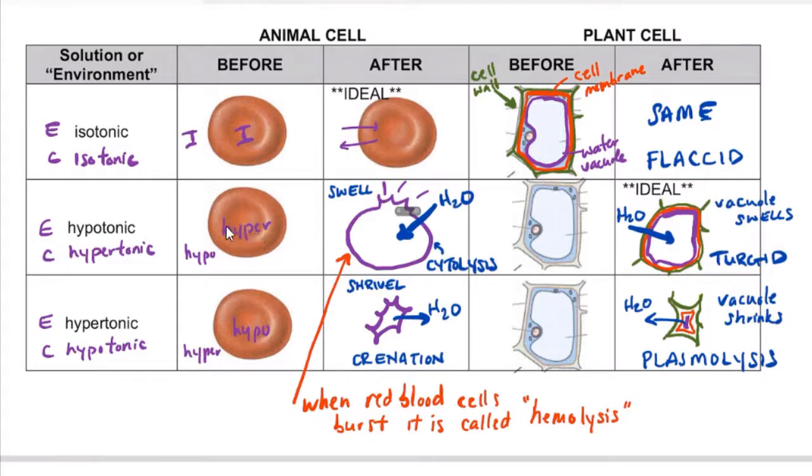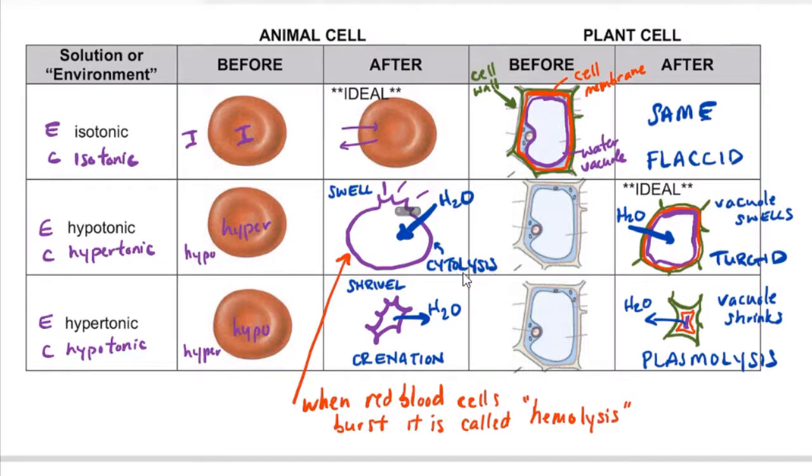If the cell has a higher concentration of particles and solute inside, so that the cell is hypertonic and the environment is less concentrated, then you're going to have the water move into the cell, and that cell will continue to swell as long as the water moves, and it swells and it swells, and eventually it reaches literally a breaking point if you continue to add water, and that means it'll swell till it blows, and that idea of the cell bursting is called cytolysis.